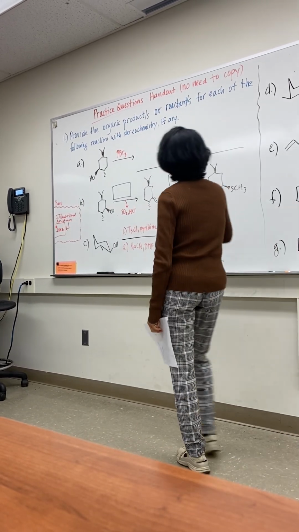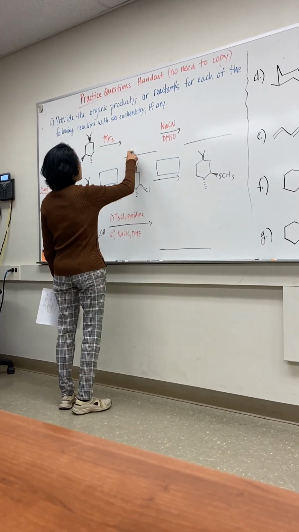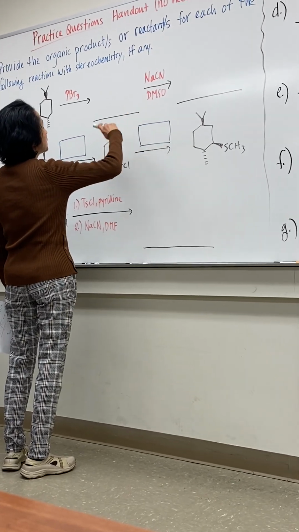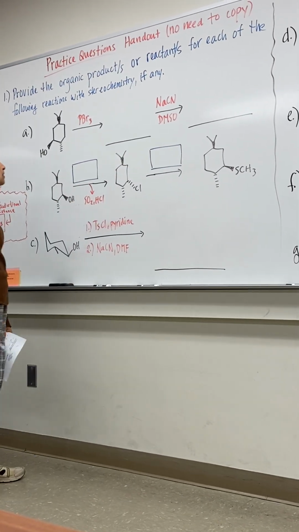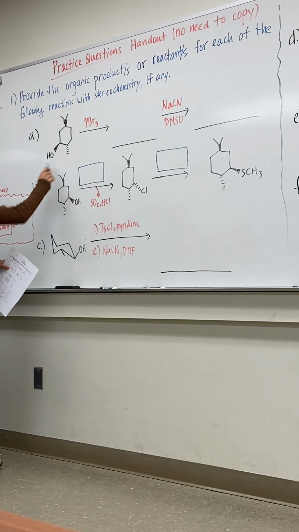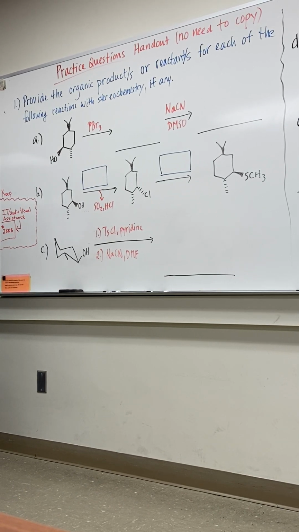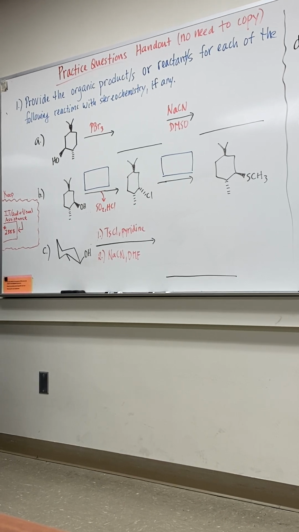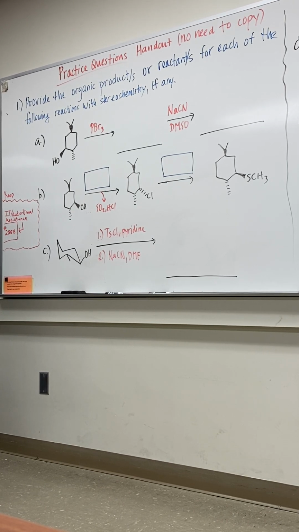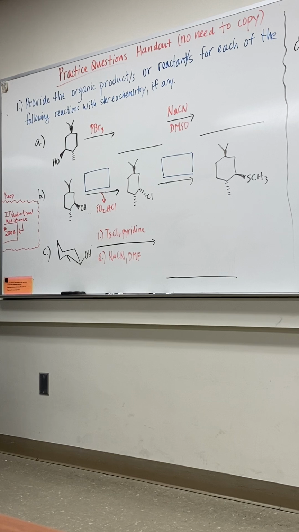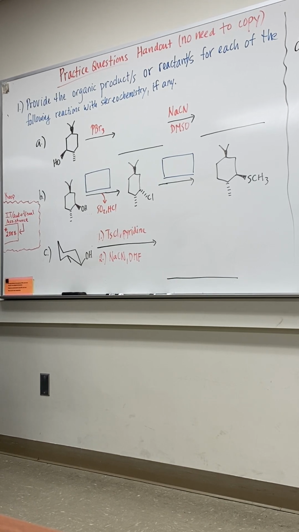Provide the organic products or reactants for each of the following reactions with stereochemistry, if any. So for the alcohol, it would be the same general shape, but instead of the OH, it would be a dashed wedge to the back, bromine.